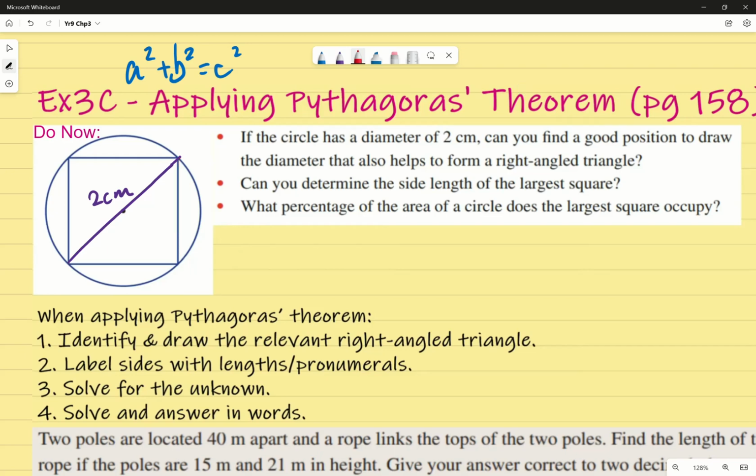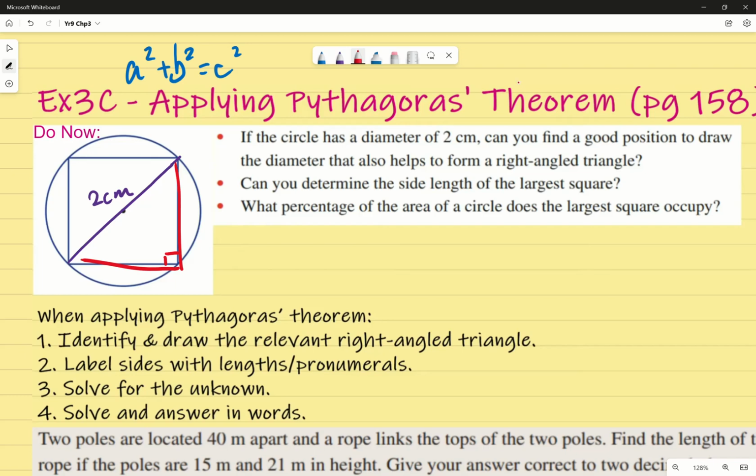Well, we know that this forms a right angle triangle, doesn't it? Apologies for the awful drawing, but that's a right angle triangle where that's our right angle. In this case, the purple 2 centimeter line is our hypotenuse, isn't it? Yeah? And the hypotenuse is always the longest side. So in this case, these lines here are most likely going to be less than 2 centimeters.